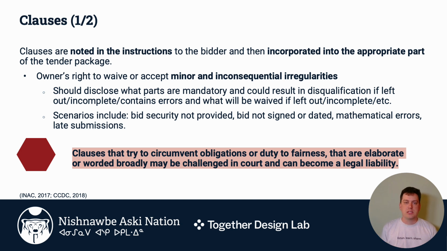You may choose as a clause to waive these minor or inconsequential irregularities, meaning that if one page is signed but not dated, you don't have to throw out the whole bid. So it can be a way of making sure that you don't have to exclude otherwise high quality bids because of something like an administrative error.